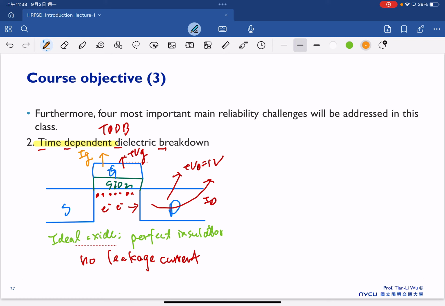But if you use your semiconductor measurement machine, previously we only focused on the ID-VG, but now we look at the IG-VG. You can actually always sense the gate leakage current.